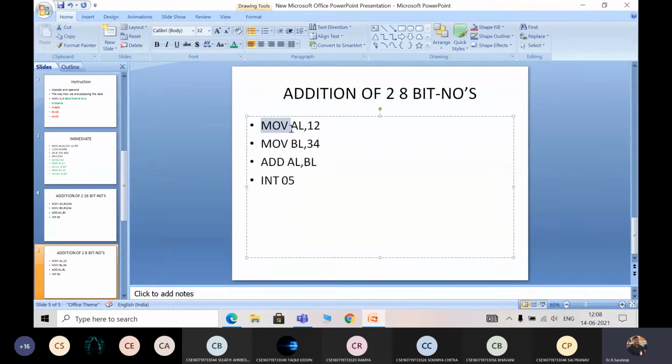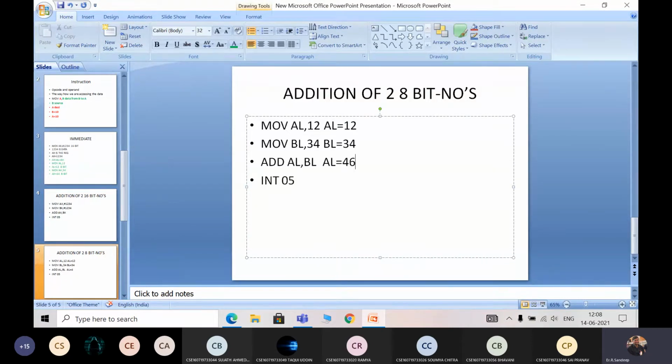MOV is used for moving the data 12 into the AL register. That means the value of AL is 12 and the value of BL is 34. If you add these values, what will be the output? ADD AL, BL, again the result will be stored in AL itself. Why? Because AL is an accumulator.